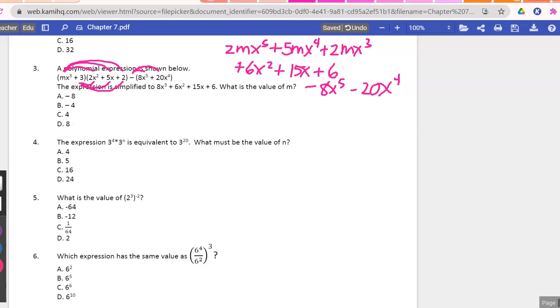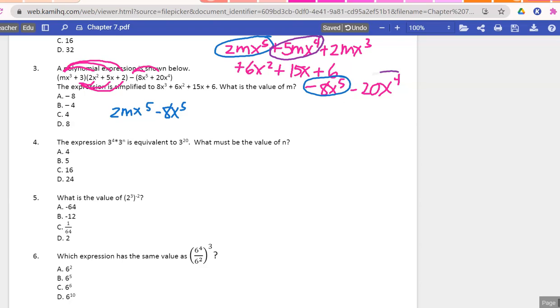What I'm going to do now is rearrange this with my like terms next to each other, and that's going to help me answer this question. So I have 2mx to the fifth, negative 8x to the fifth, 5mx to the fourth, negative 20x to the fourth, and 2mx to the third.